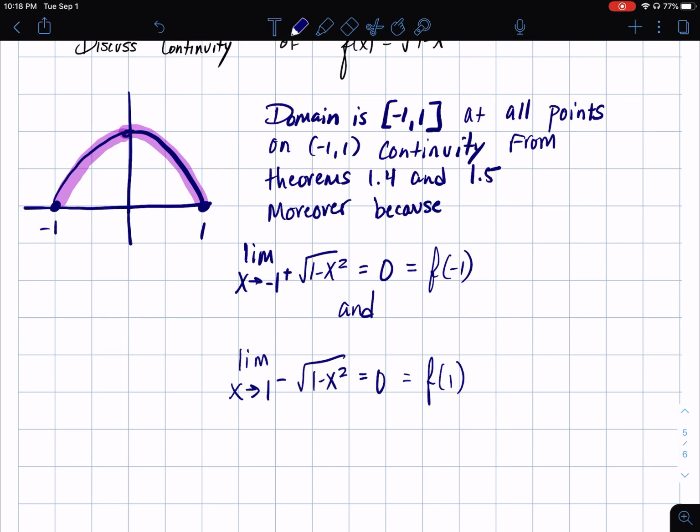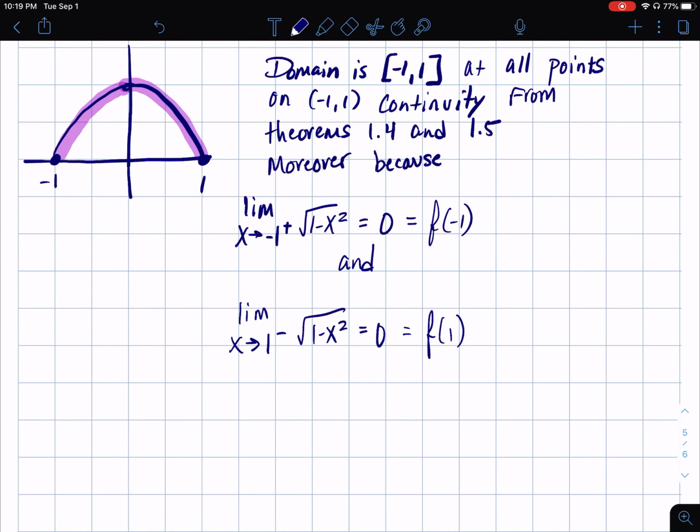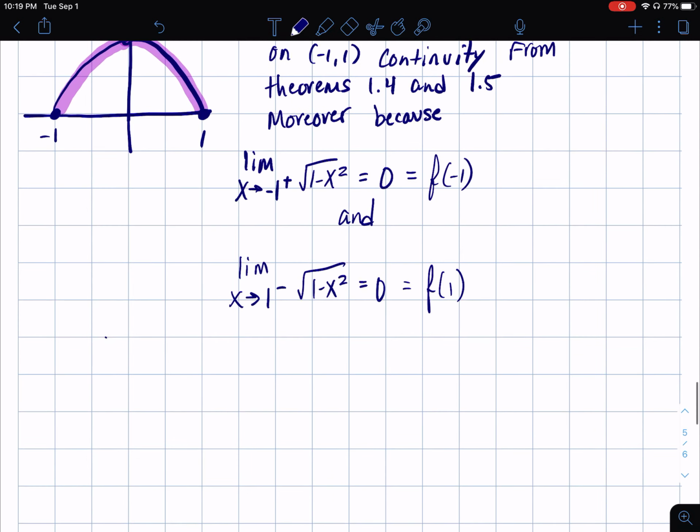And it is. So f of 1 is 0, and the limit there is also 0. So because of that, you can conclude f is continuous on the closed interval.